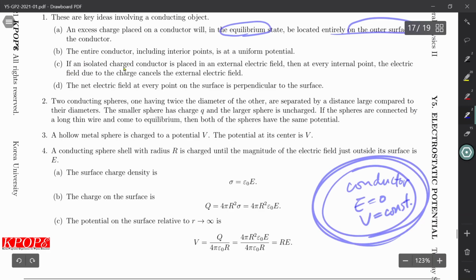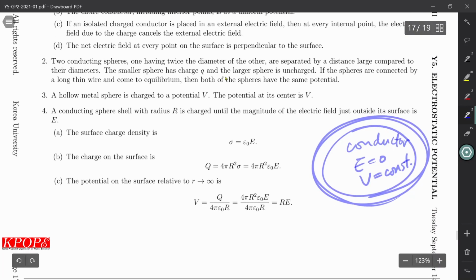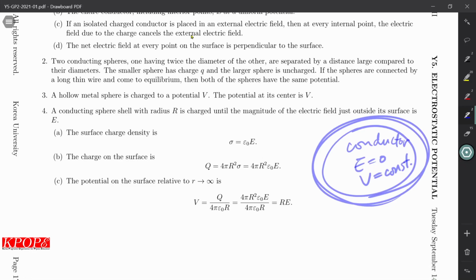If an isolated charged conductor is placed in an external electric field, then at every internal point, the electric field due to the charge cancels the external electric field. So a combination of the internal distribution of charge and the external electric field cancels the electric field inside the conductor.